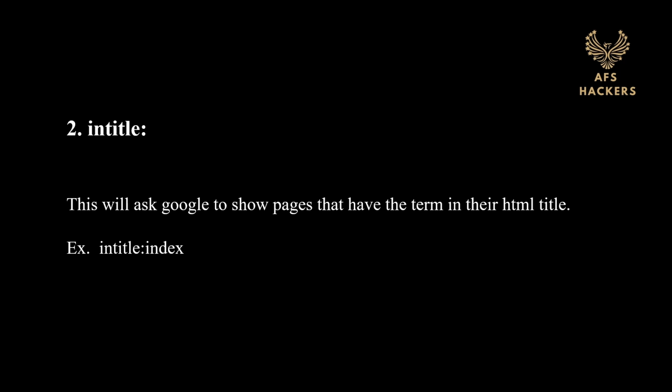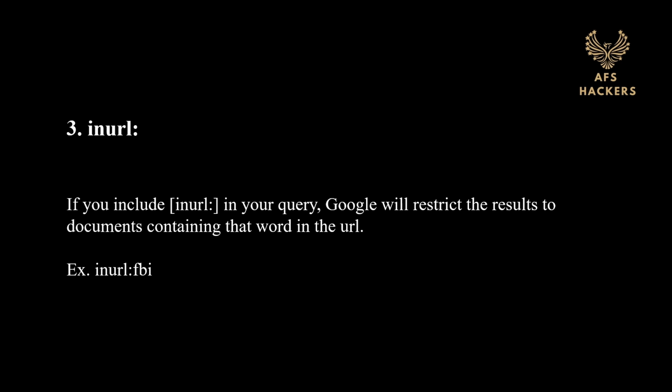We will see all of these filters in practical. Let's see the third filter, that is inurl. If you include inurl in your query, Google will restrict the results to documents containing that word in the URL. For example, if I want to search for FBI, I will search inurl:FBI.